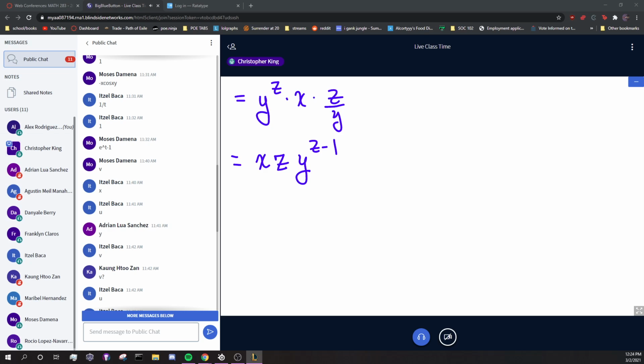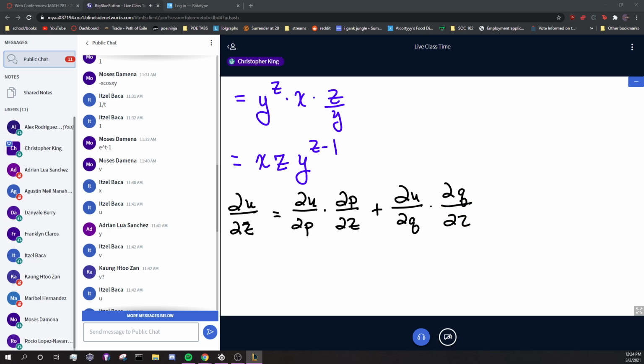Okay, so let's look at our last partial. So we're going to do the partial of u with respect to z. So if we do that, we're going to do the partial of u with respect to p times the partial of p with respect to z, plus the partial of u with respect to q times the partial of q with respect to z, plus the partial of u with respect to r times the partial of r with respect to z.